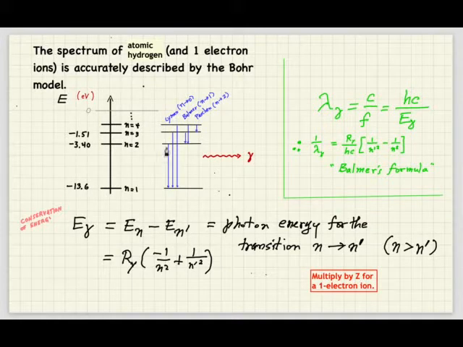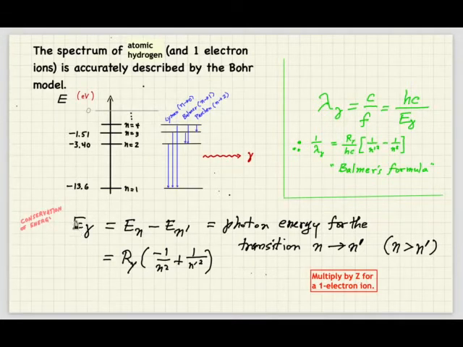If it's in, let's say, the n equals 2 energy level, it can make a quantum jump to n equals 1, but energy must be conserved, so it has to emit a photon. And that's the most common kind of atomic transition. Transition from an excited state to a lower state with the emission of one single photon.